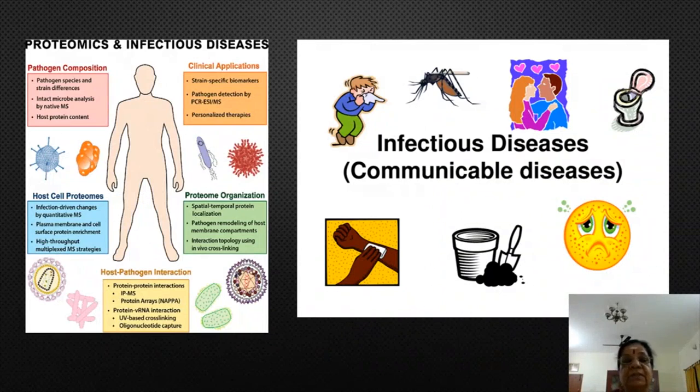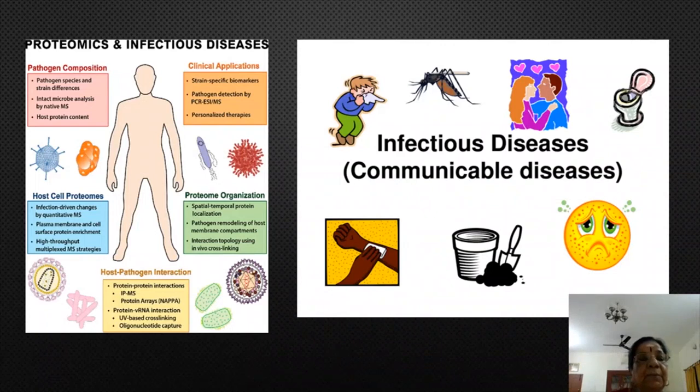First of all, that boy is coughing, not closing the mouth, and then mosquito, and then contact. Here the toilet is not used properly. So these are infectious diseases, communicable diseases.